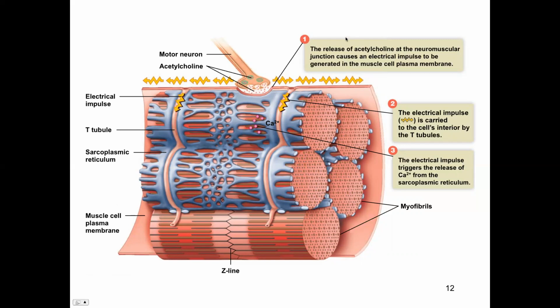The neurotransmitter being released is called acetylcholine, all right. We'll go over how this works later on in the semester. But suffice to say right now, we've got release of neurotransmitter, and it interacts with the muscle cell membrane, and then that sets up the electrical impulse or the charge on the muscle cell.